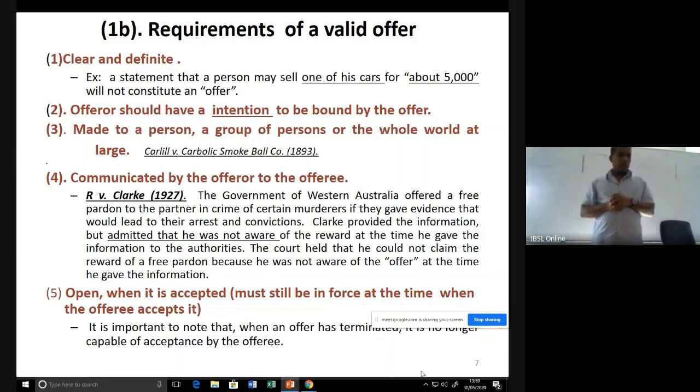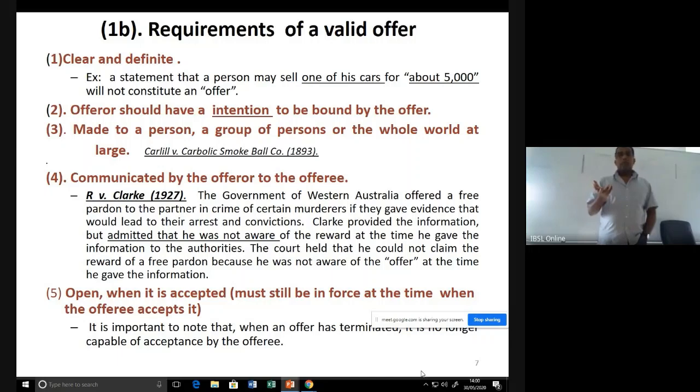This is an advertisement, or rather an offer, made by the Western Australian government to a group of people. What is the group? This criminal group. Then what happened? Clark is one of the members of this gang. He provided the information.